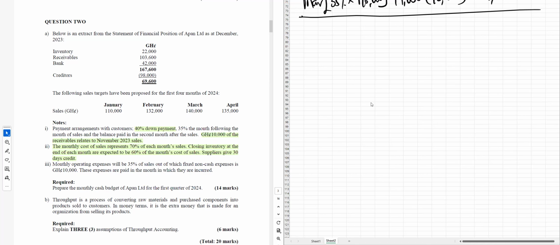They did give us December sales. That means these receivables were made up of an opening balance which related to November sales. They said this was 10,000. So the rest relates to December sales. Remember, receivables is uncollected sales. So if I take 10,000 out, that means 93,600 is December sales.